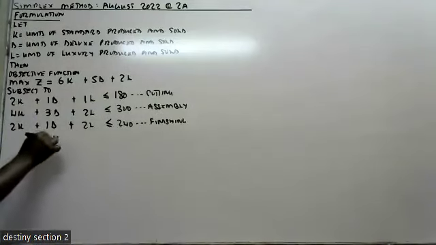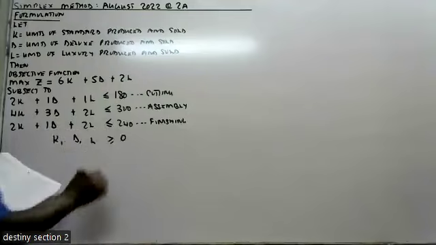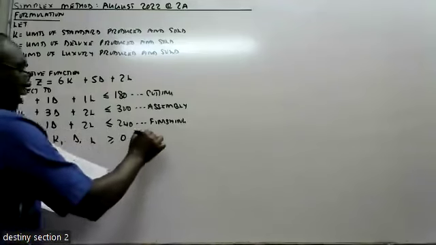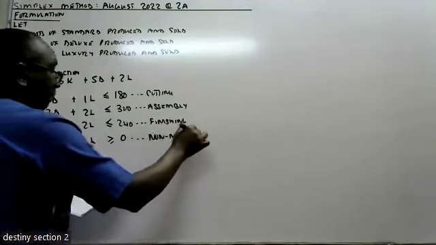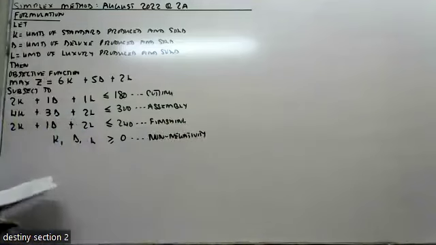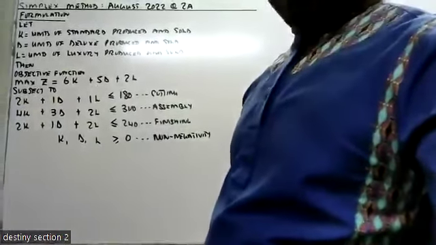Obviously, we say K, D, and L is greater than or equal to 0. And this is non-negativity. So that is the first step when you are dealing with the Simplex method.